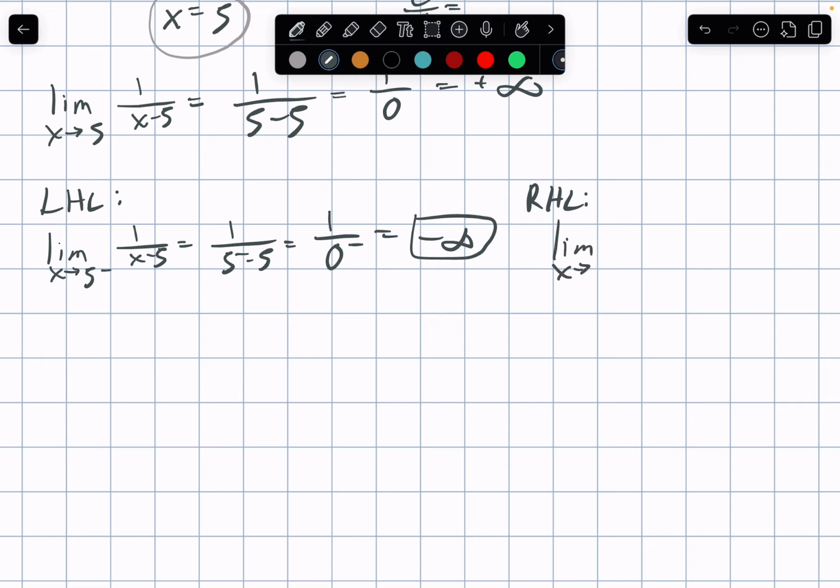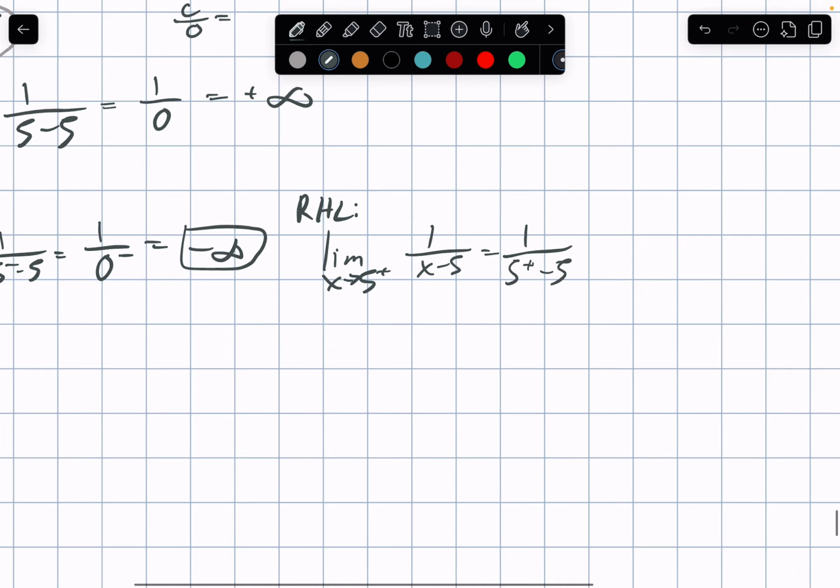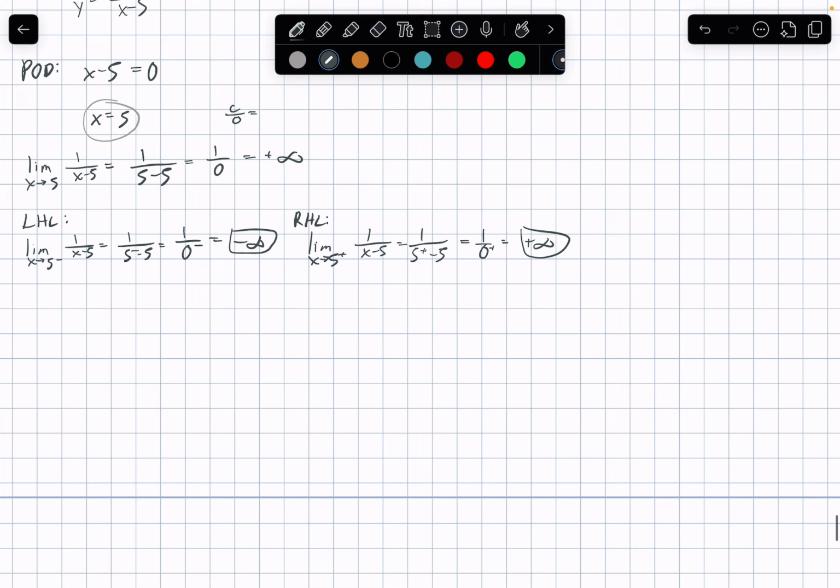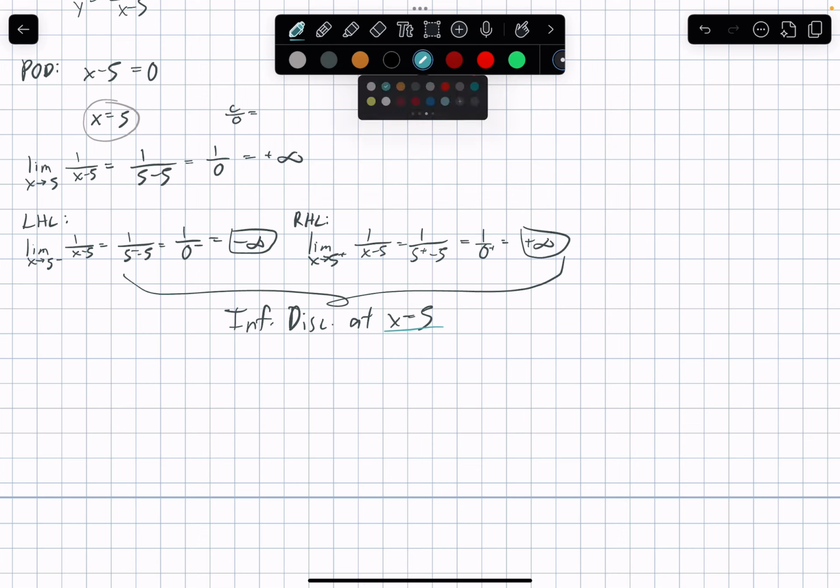How about for the right hand? This is going to equal to positive infinity. So therefore, we have an infinite discontinuity at x is equal to 5. So this technically is also going to be our vertical asymptote.